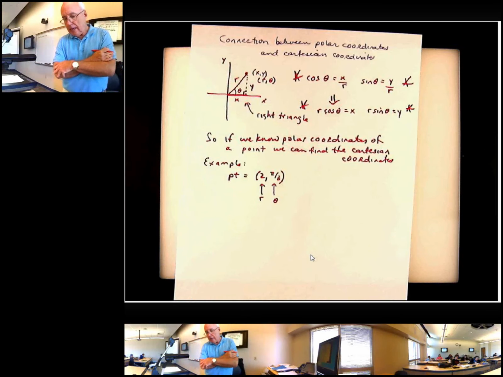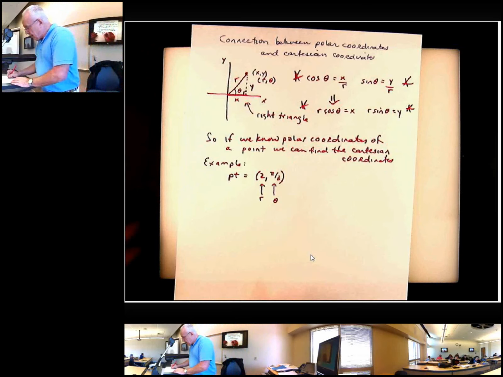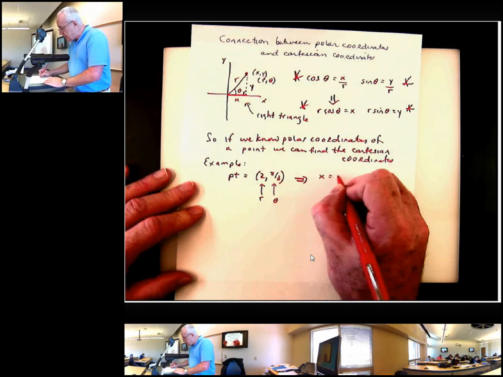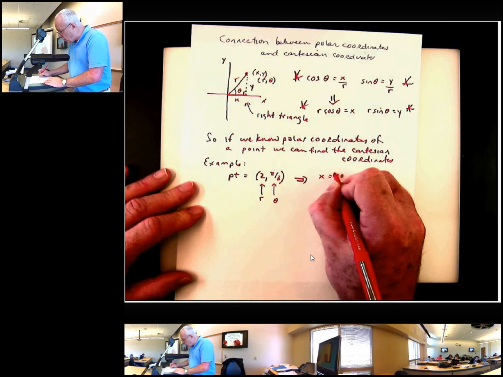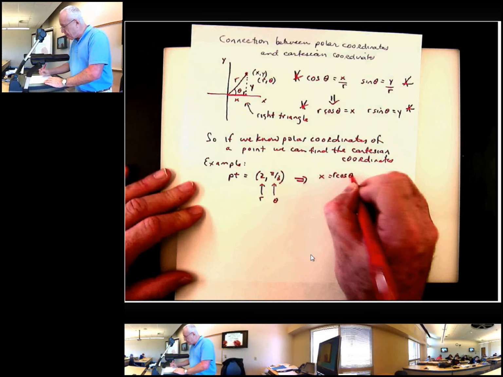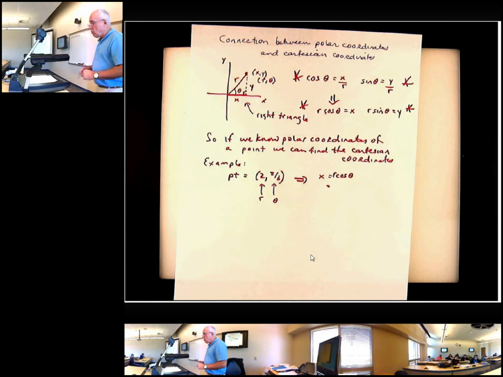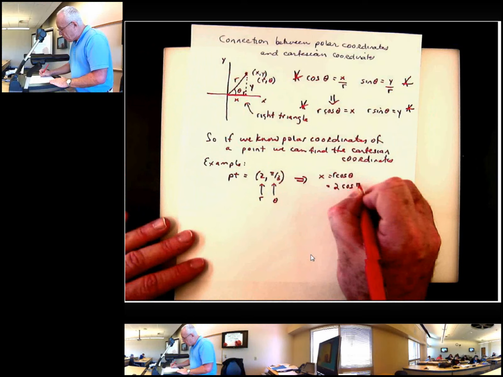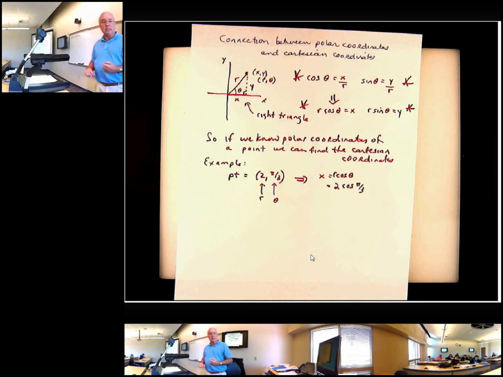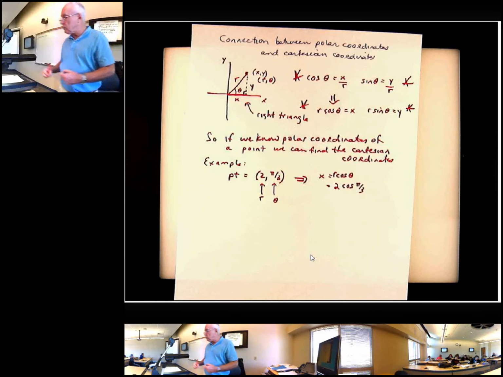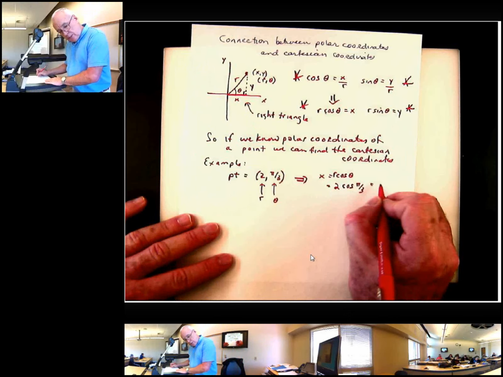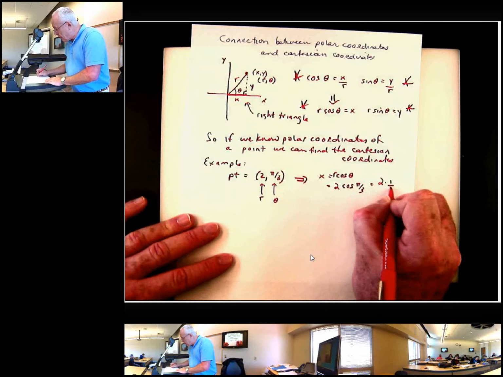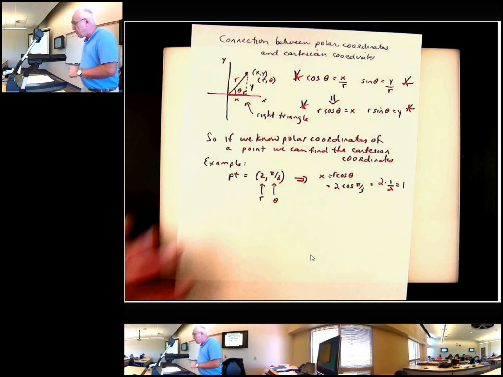Therefore, x is equal to r times the cosine of theta, right? So r is 2 times the cosine of pi over 3. That's 60 degrees, so the cosine is 1/2. So this is 2 times 1/2, so our x value there is 1.